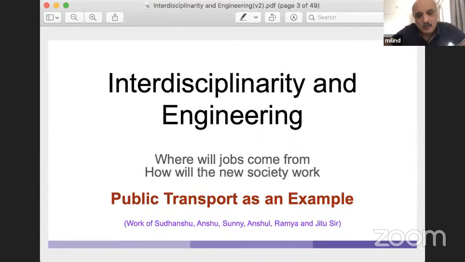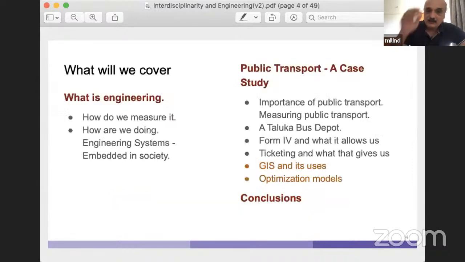So I'm going to talk about public engineering systems, and I'll hopefully illustrate how interesting they can be and how many opportunities they offer for all of us. I'm going to use public transport as an example. I could have used drinking water, but public transport is, I think, closer to computer science. This is work with my students, Sudhanshu, Anshu, and many others.